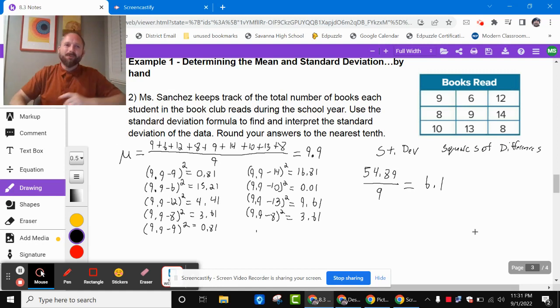So now what we need to do is find the square root. We did stuff and then we were bringing it back. So we just need to find the square root of 6.1, which will be about 2.5. So this is the standard deviation.